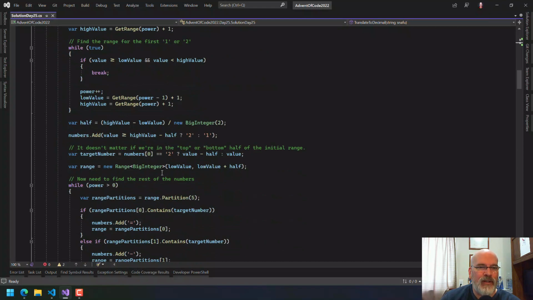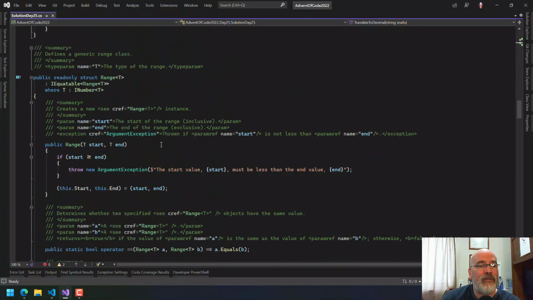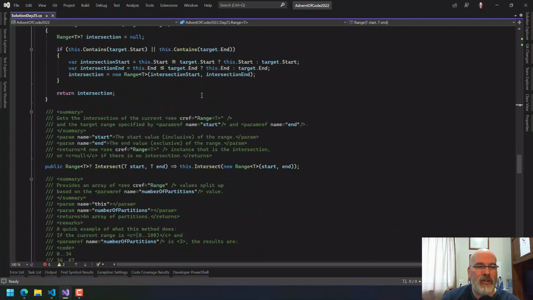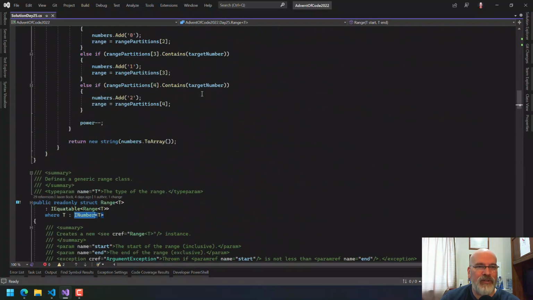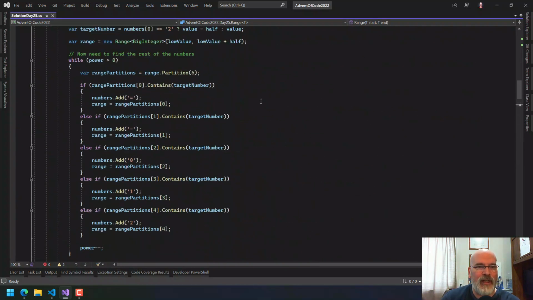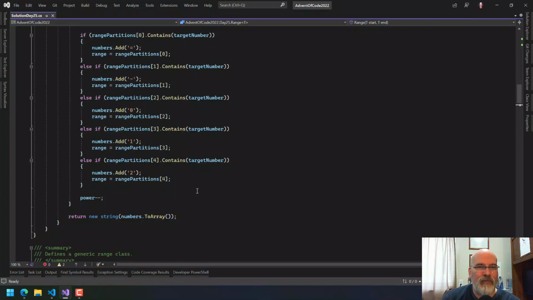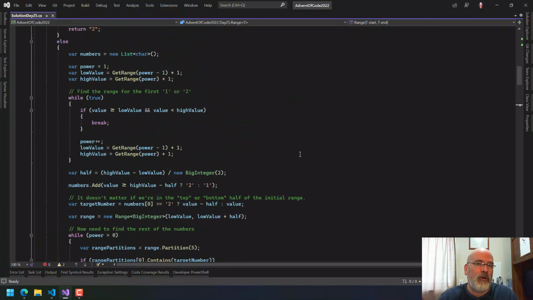And now I had to do these ranges because I hadn't published my new version of Spackle where I can do on any number, like a big integer, come up with these ranges and partitions that I needed, the partition size, and then say, well, does that number in that partition of 25 -2s or 5 -2s, and then I could add that as a character to where I finally was able to get down to the part where I had the whole number, and that worked.